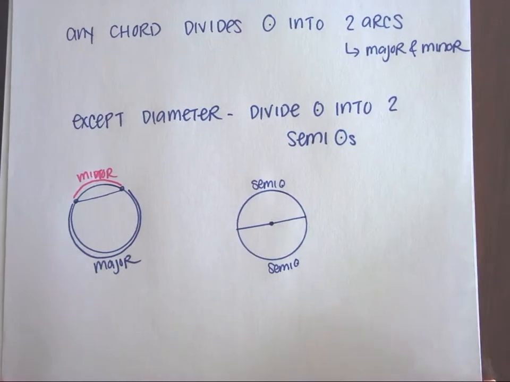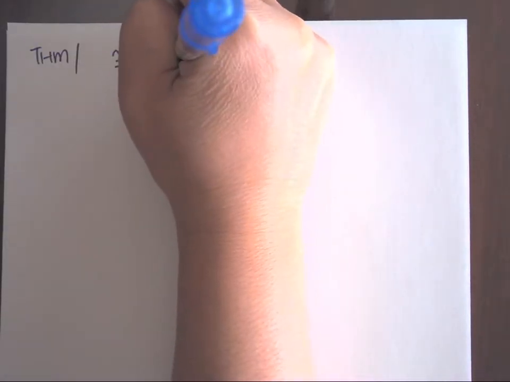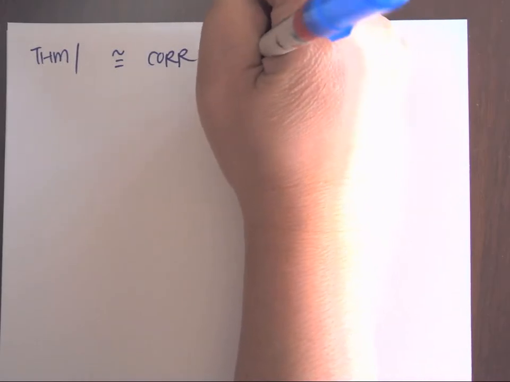So we go over three theorems. The first theorem is called the congruent corresponding chords theorem.